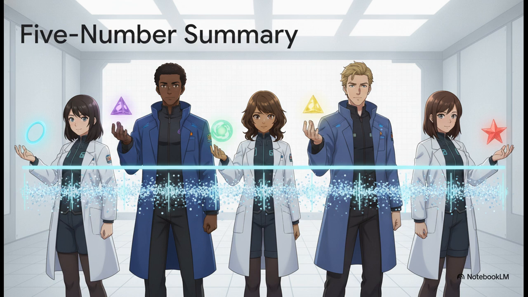So instead of just handing us a single, fragile average and one measure of spread, these 5 numbers slice our data into logical, ordered segments. They tell us exactly where the data starts, where the middle of the lower half sits, where the absolute dead center is, where the middle of the upper half is, and where the data finally ends. Put them all together, and they give us this complete, ultra-reliable snapshot of the distribution shape. Honestly, a single mean could never pull that off.